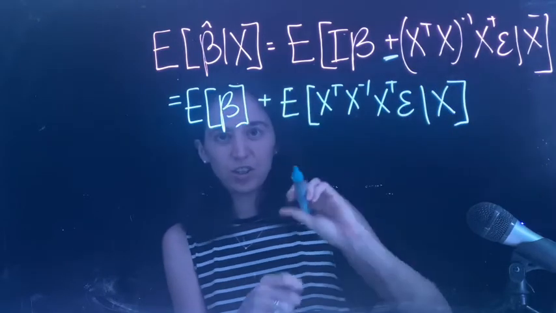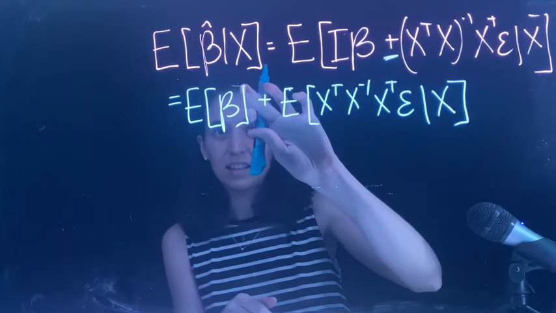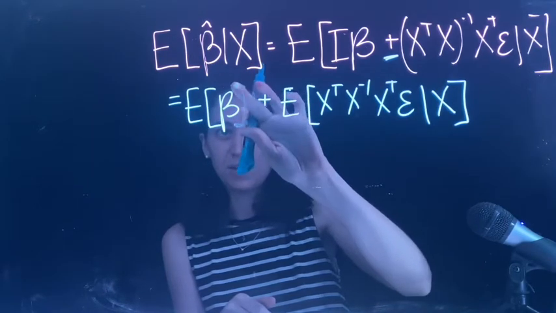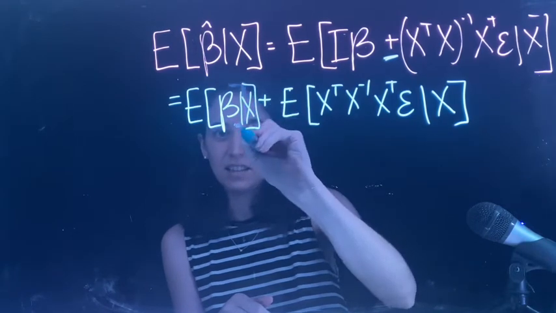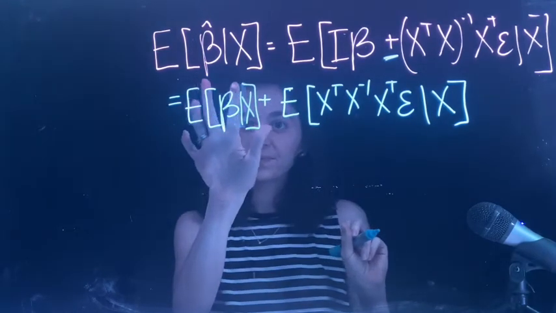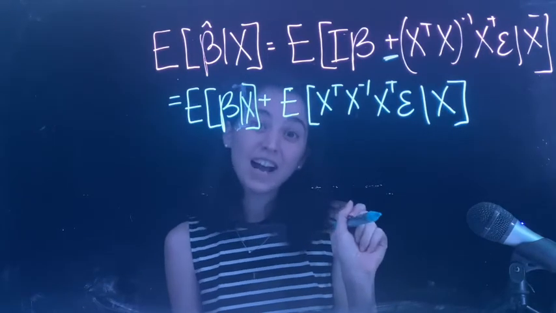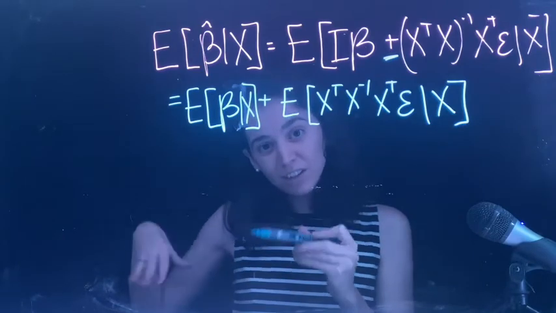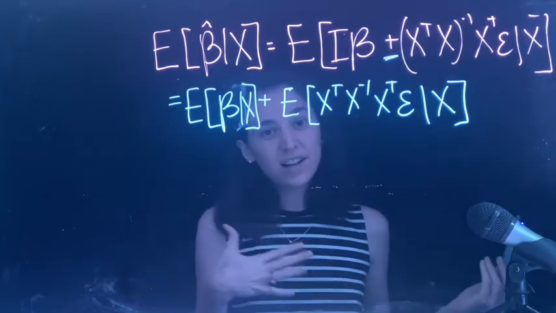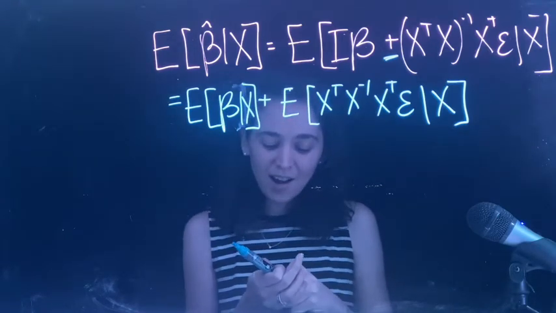And actually this should be beta given x. So let's fix that real quick: the expectation of beta given x. Now, this next part I think is a little bit trickier, because you have to have a keen understanding of what is fixed, a constant, and what is random.